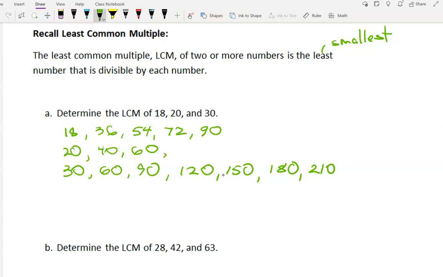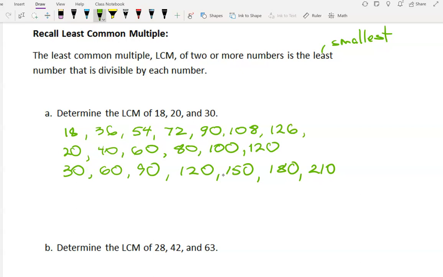So let's go back to 20. 90 is not going to work. So you can see we're going to need to go here until we find something that is common again. All right, 120 is common between these two. Let's see if it works for 18. Okay, and I'm going to keep adding 18 here.